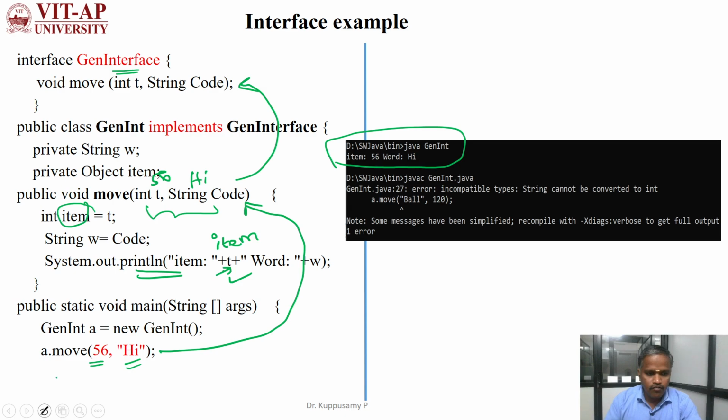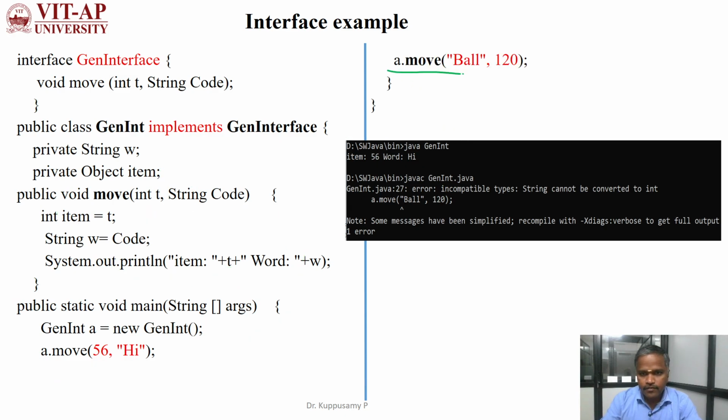Now I am calling the move method one more time, which takes a string argument as the first one and an integer as the second argument. But here you see the first argument is an integer, which is not allowed.